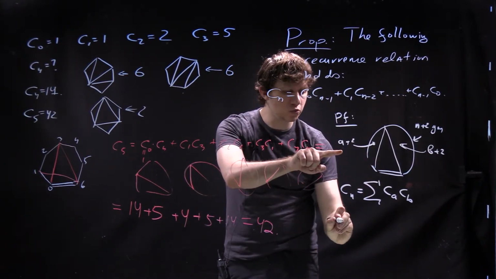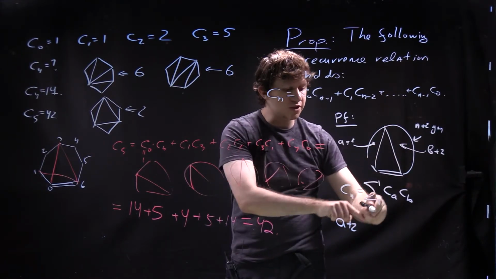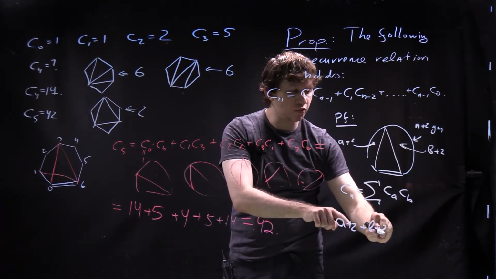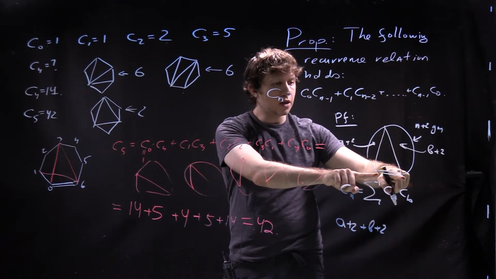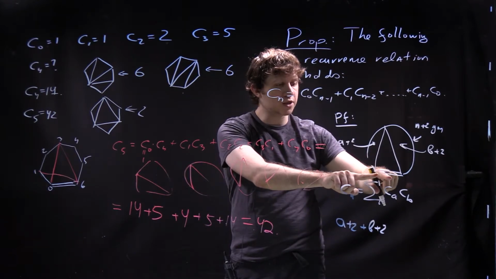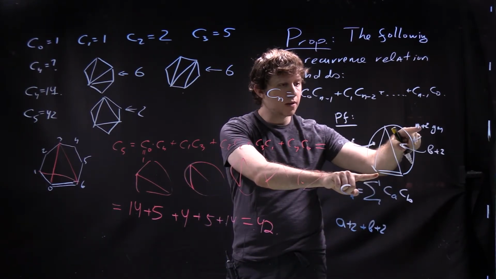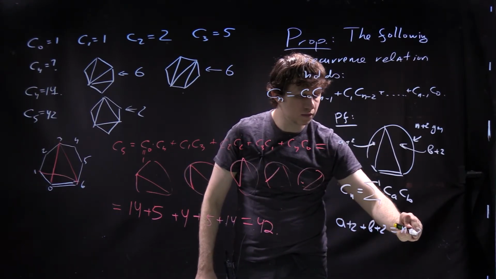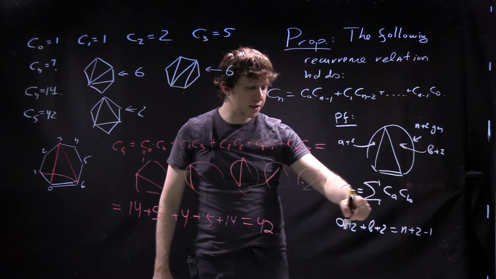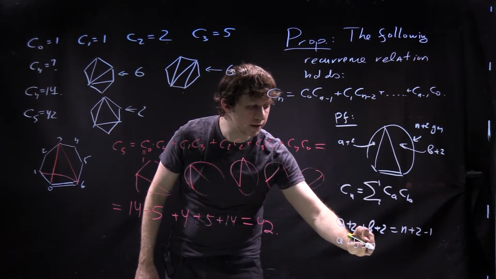a plus 2, which is the number of sides here, plus b plus 2, which is the number of sides of the second polygon, this gives the number of sides of the big polygon plus 2 minus 1. So it's n plus 2 plus 2 sides minus 1. And this means that a plus b is n minus 1.